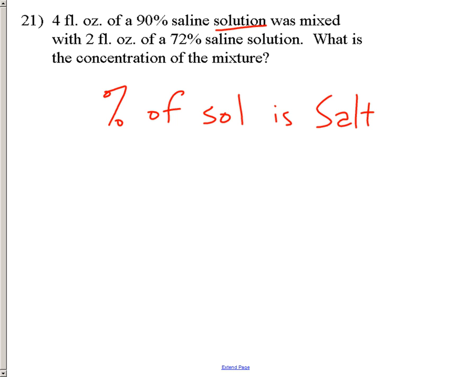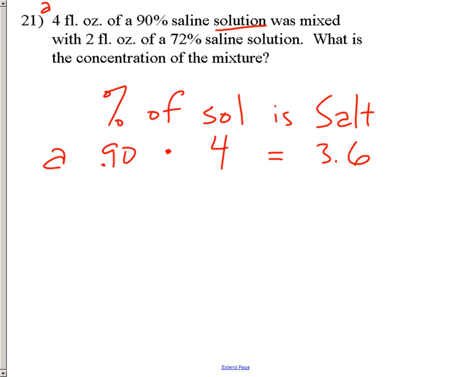So we start with, I'll call this 4 fluid ounces A. And we start with a 90%, 0.90, of means times solution. How much solution do we have? 4 ounces equals the amount of salt in there. Well, 0.9 times 4 is 3.6.